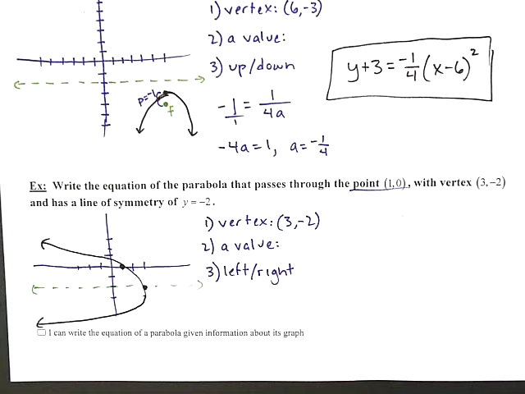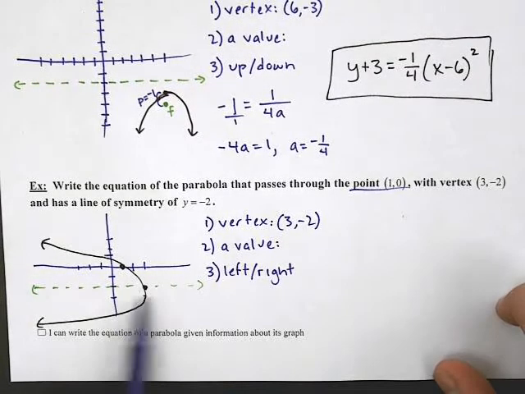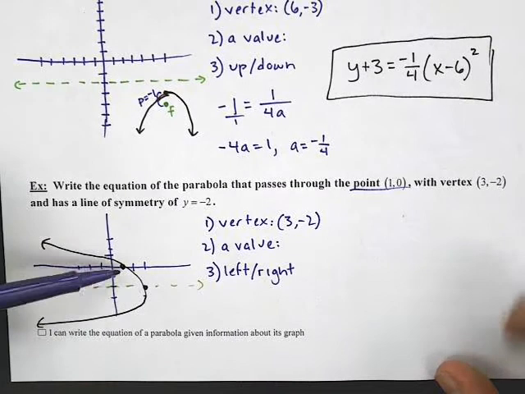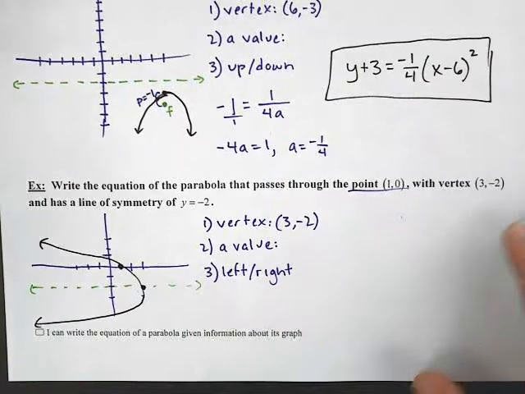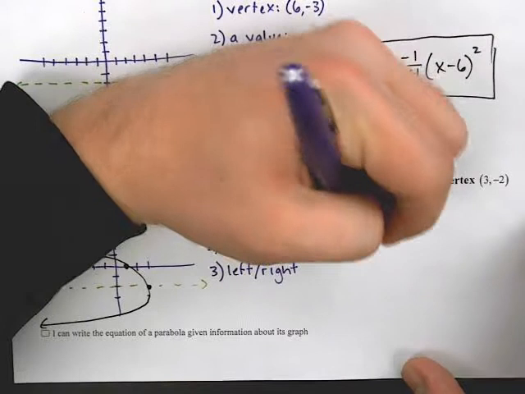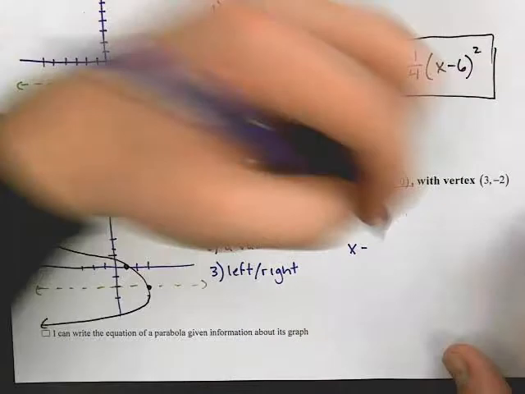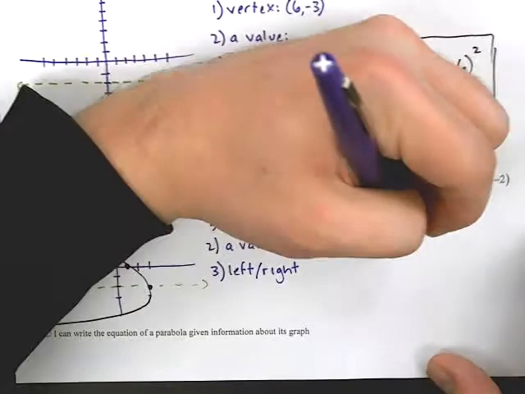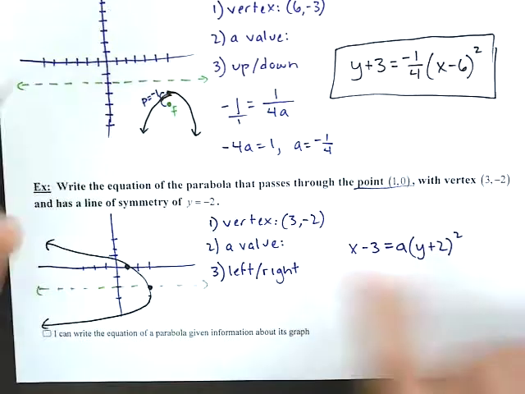Now, the problem here, I don't have a focus or a directrix either. What I do have is this extra point. So this is 1, and hopefully you remember from the last few, for ellipses and hyperbolas, that you want to write out the equation as much as possible. All right, so if it's going left, right, I know it's going to be an x minus h situation, or instead I'm going to say x minus 3 equals, I don't have a, and I do have y plus 2.